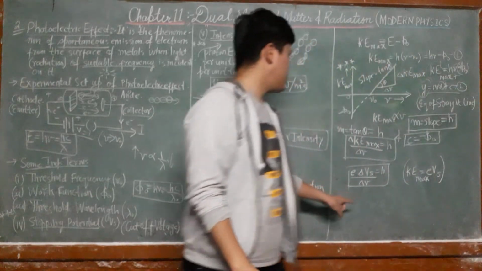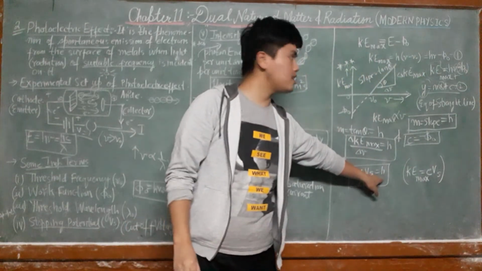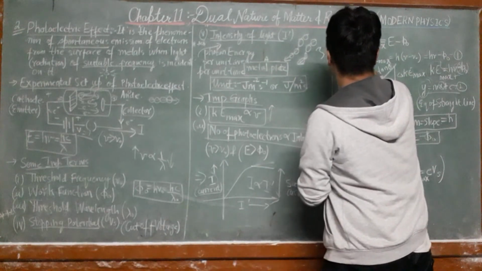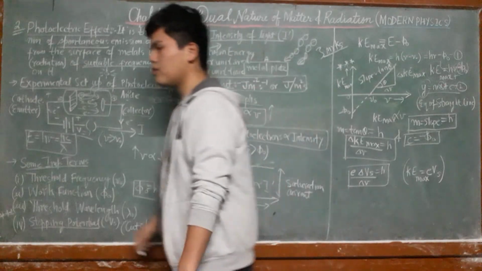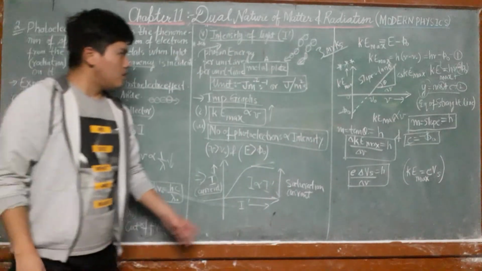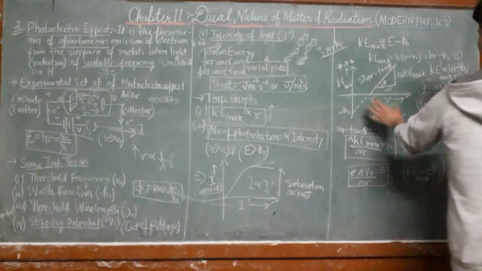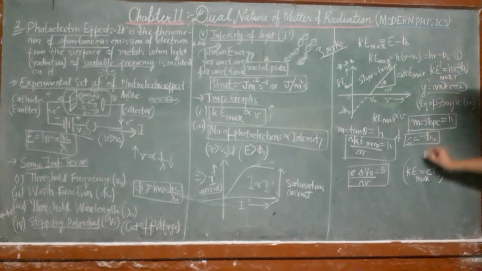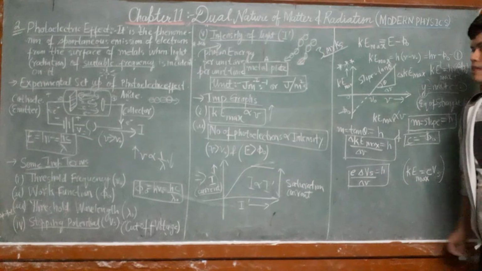So in this way we can find the value of h. There is a question for 3 marks on this. This is how you derive this particular graph. The graph is 1 mark and the derivation is 3 marks.